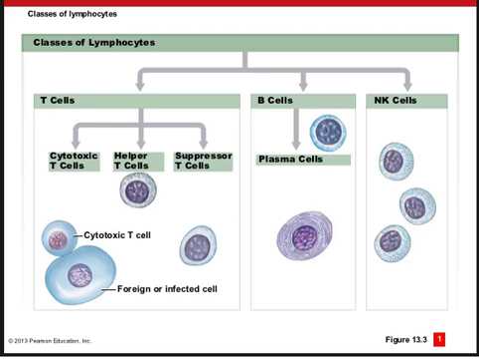Now, one of the things that we should point out is that within these populations, the helper Ts, the cytotoxic Ts, the B cells, and not so much the natural killers, but the B cells mostly, and the T cells, you have what we call different specificities, meaning that there are a variety of possible antigens that individual clones of B and T cells can recognize.